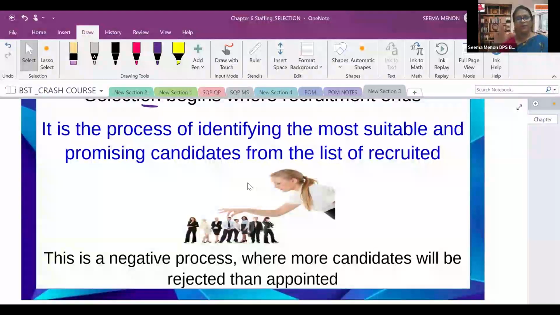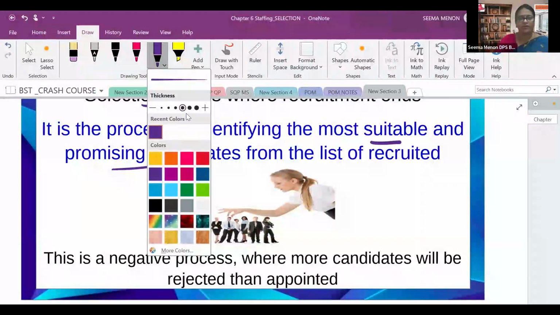They will segregate and remove all the BA, BSc, etc. They will give importance to BCom, MCom graduates and postgraduates, or anyone who has completed an accounting course. That way they will select the most suitable and promising candidates. That is the meaning of most suitable and promising candidate.